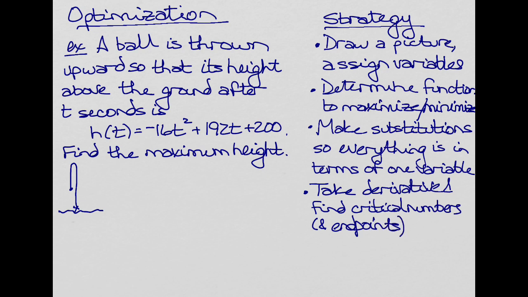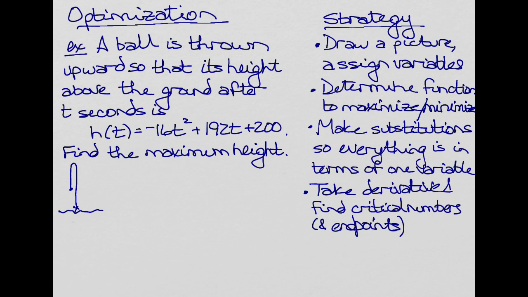Thinking about this one in particular, I'm starting with a ball. I'm going to notice h of 0 is 200. So maybe I'm standing on a cliff or something. My ball is starting 200 feet above the ground, and it's going up from there.